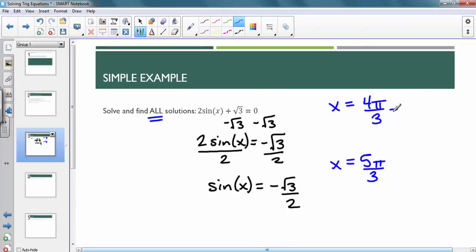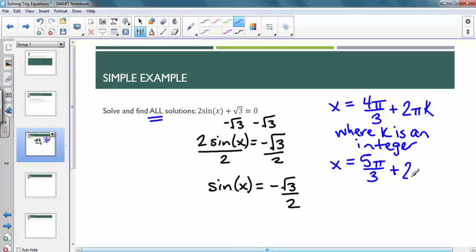So I need to add 2 pi times k, where k is an integer, to both of these solutions. Basically, this means that my answers are going to repeat every 2 pi cycles.